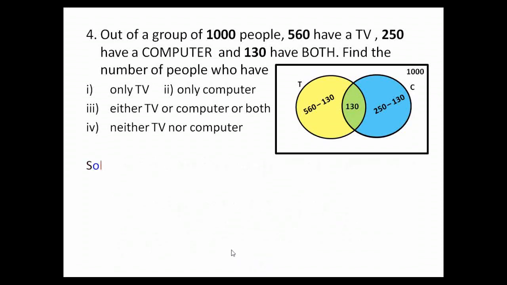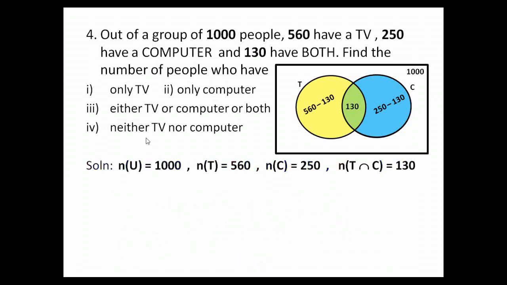Next, now we have to find the number of people who have neither TV nor computer. So neither TV nor computer means they are not present here. So those people will be present where? Somewhere outside. And somewhere outside means what? The complement of this set or this set. So together they are not here. So it means the complement of the union of these sets.